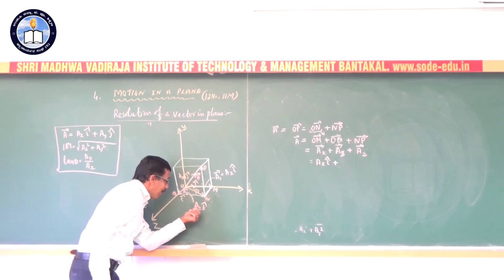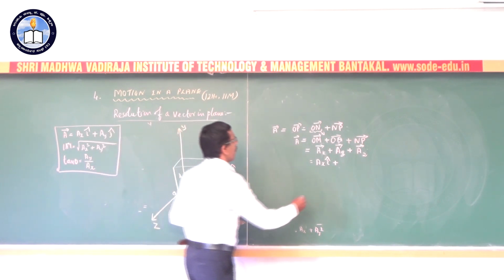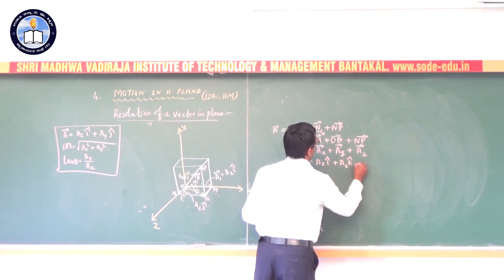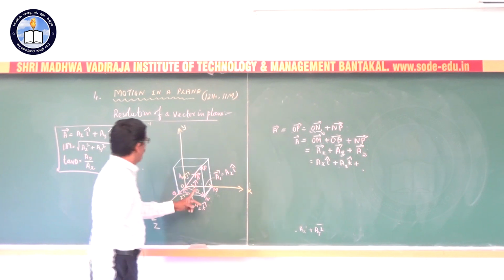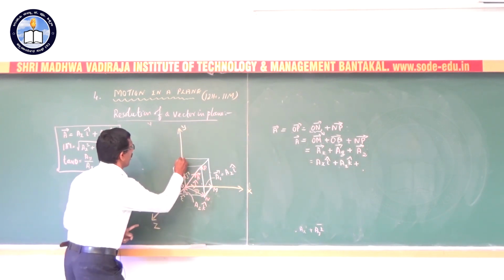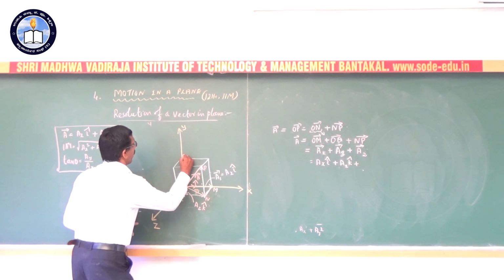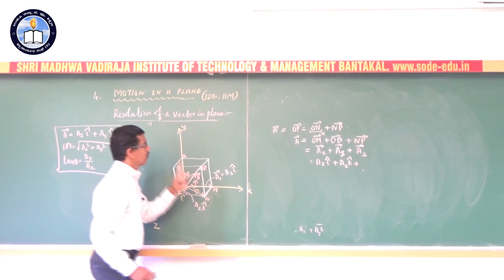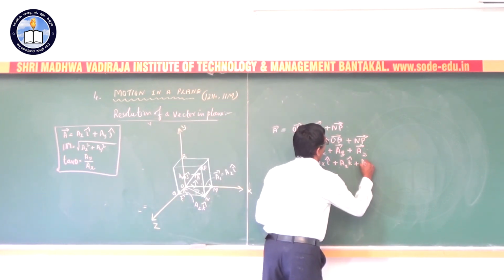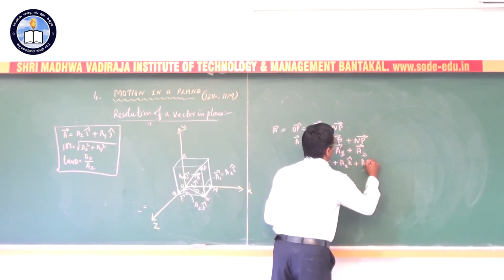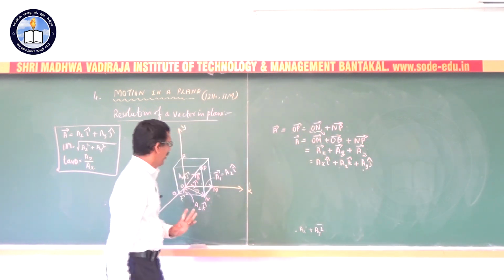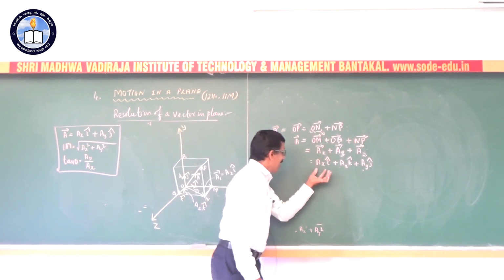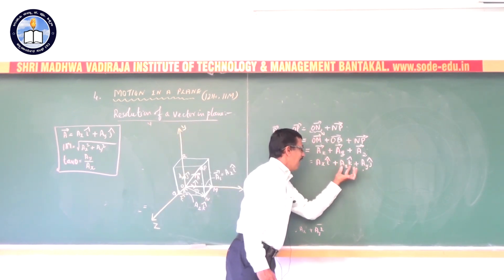Similarly, plus A2. NP is nothing but this, say OR. NP is nothing but OR, which is nothing but AY into j cap.